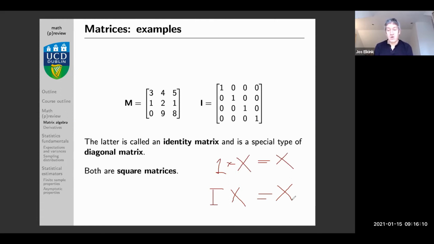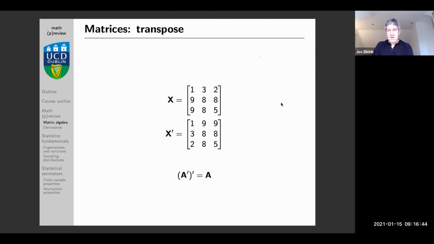It's a bit like the number 1 in numbers, in the sense that multiplying something with that matrix always leads to the original matrix you had. And both of those matrices also have the special feature that they are square matrices. Square matrices means that the number of rows and the number of columns is the same. So here the matrices are 3 by 3 and 4 by 4, but a matrix certainly doesn't have to have this feature. We can have a matrix of any number of rows and any number of columns.